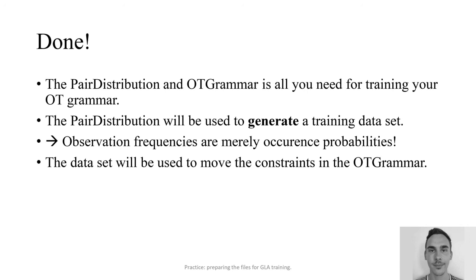Each input-output mapping of the generated training set will then be fed into the OT grammar file, which will cause each constraint function to move according to the mechanisms we covered in the last class. To put it shortly, the pair distribution file is the representation of your empirical data, and the OT grammar file is the model you want to train.